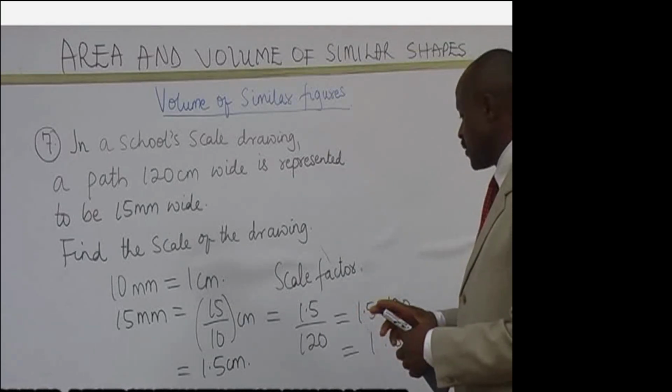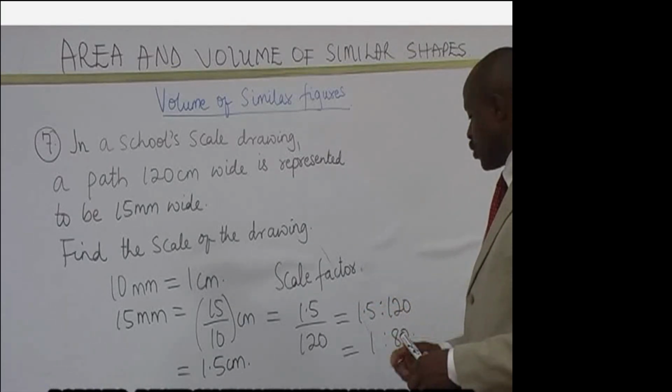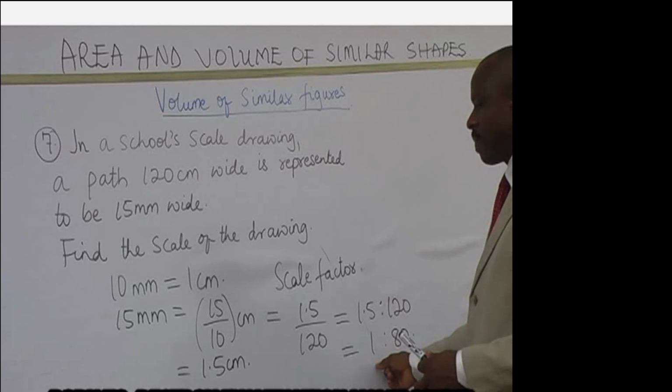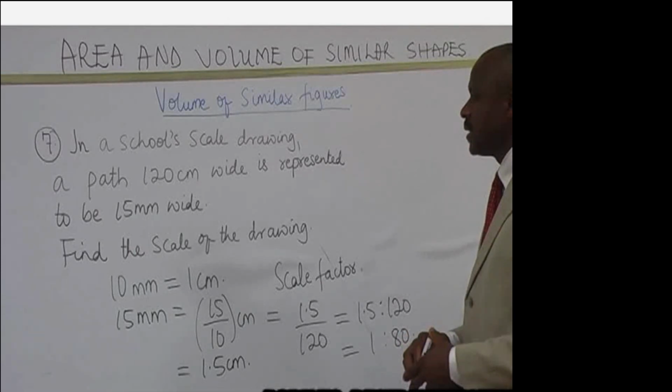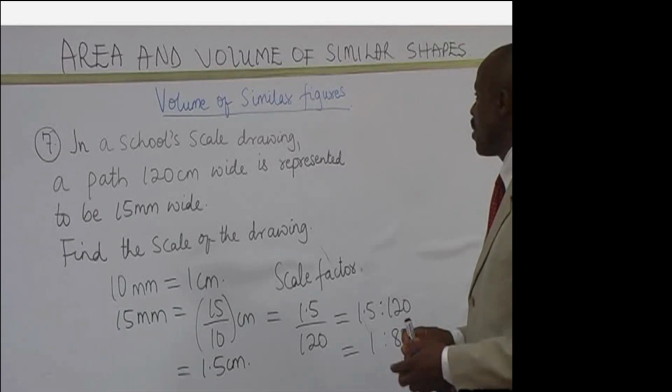So this is the scale for the drawing. And this brings us to the end of that topic, area and volume of similar shapes.